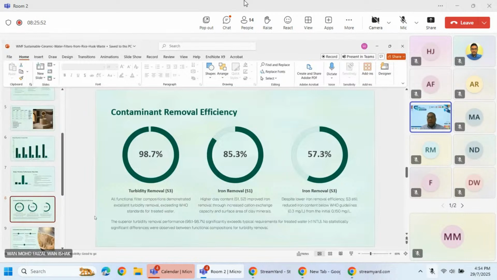Despite the lower ion removal efficiency, S3 still reduces ion content below the WHO guideline of 0.3 milligrams per liter from the initial, because we used a very low concentration, so we still get results beyond the standards. The superior turbidity removal performance of S3 significantly exceeds typical requirements for treated water, and no statistically significant difference was observed between compositions for turbidity removal.